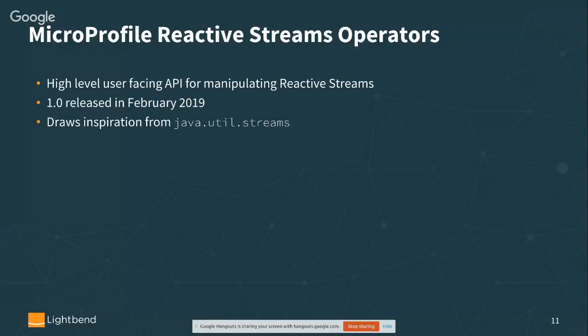I should point out that even though the APIs look similar, the underlying of what you're actually doing is very different. So Java util streams is about manipulating collections of things that are usually in memory, or they're calculated somehow on the fly, potentially in parallel.